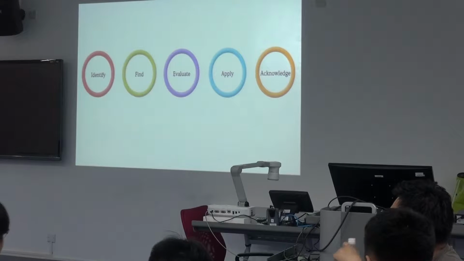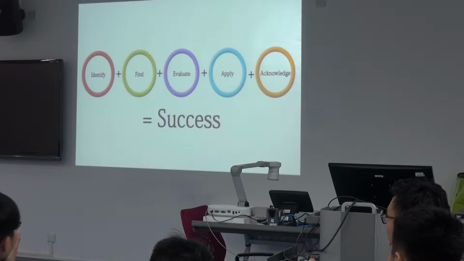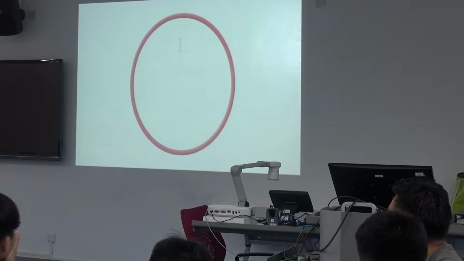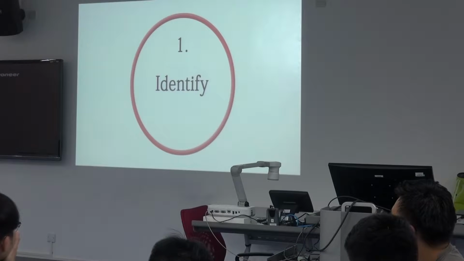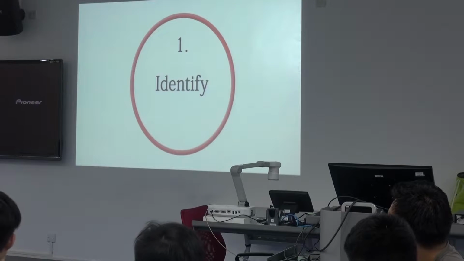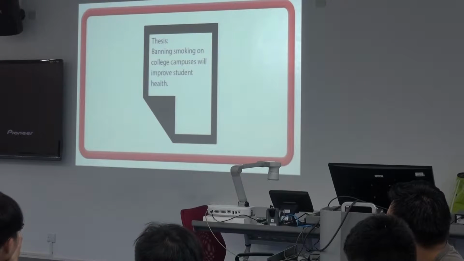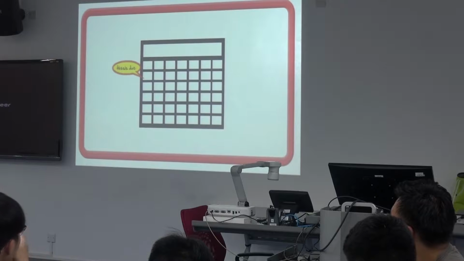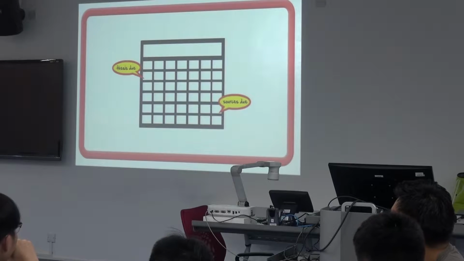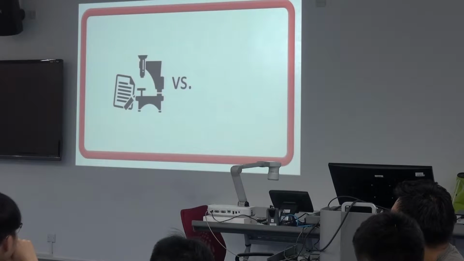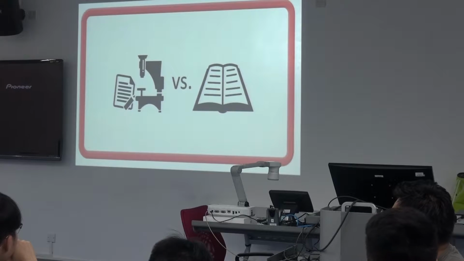Let's take a look at how each of these components applies to success in college or university and in real life. The first component is about identifying the nature and extent of the information you need. Academic examples include writing a thesis statement, creating a timeline and plan to complete a research paper, and differentiating between primary sources of information like findings from research and secondary sources of information like a book about the results.